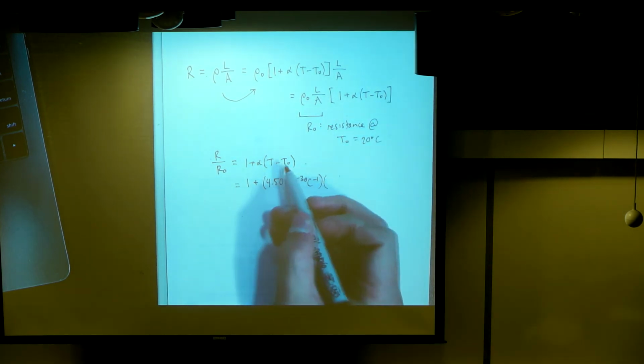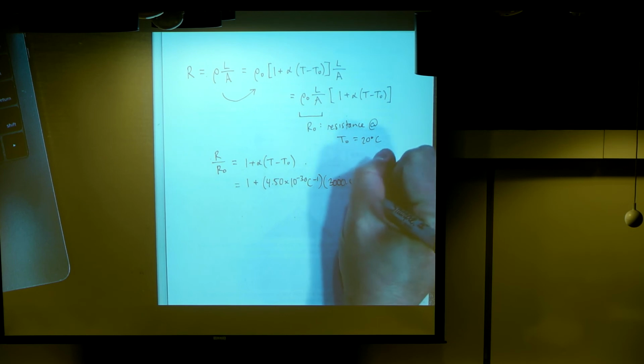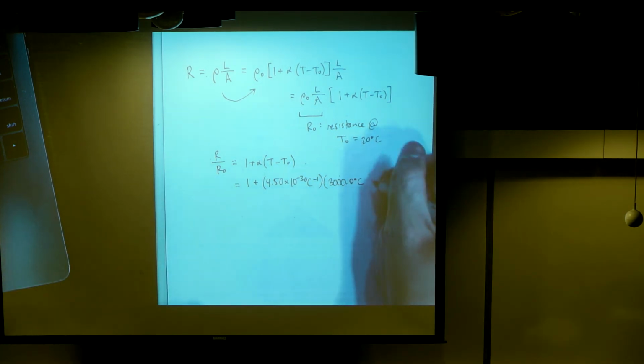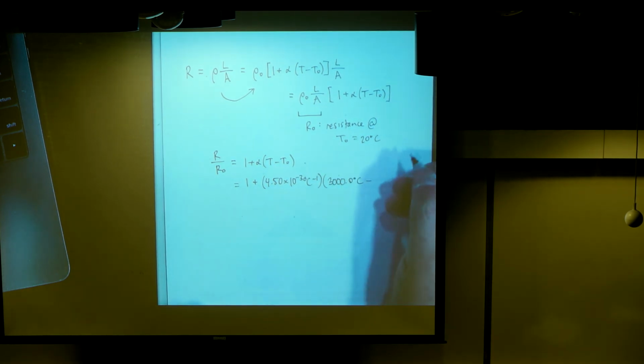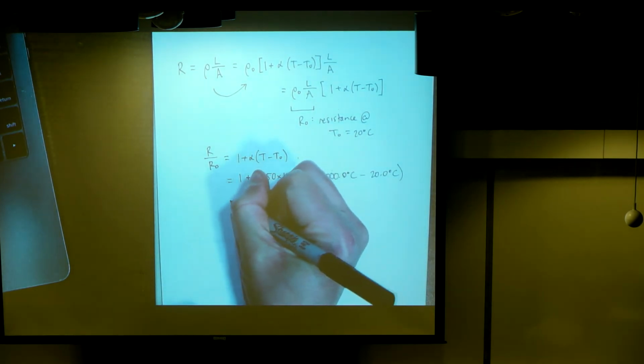T is our operating temperature of 3,000 degrees Celsius, and T naught is our room temperature, which is 20 degrees Celsius. So this is what we're calculating.